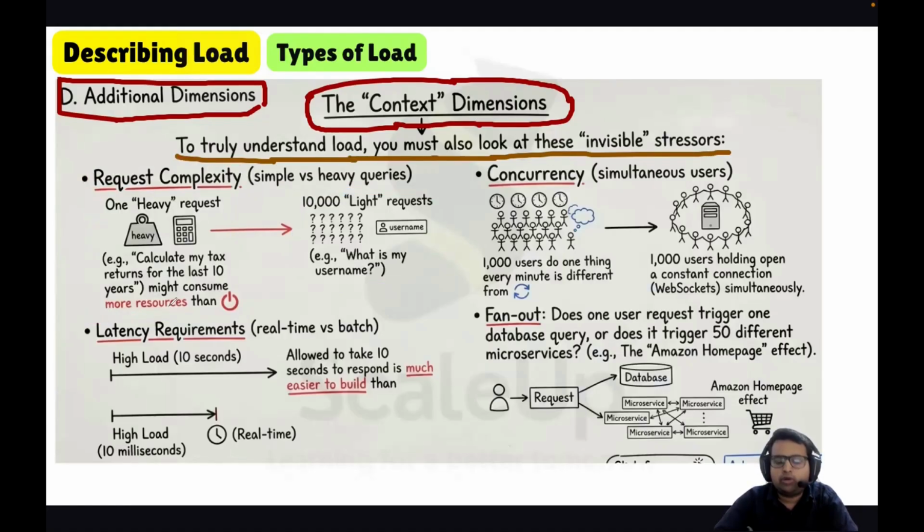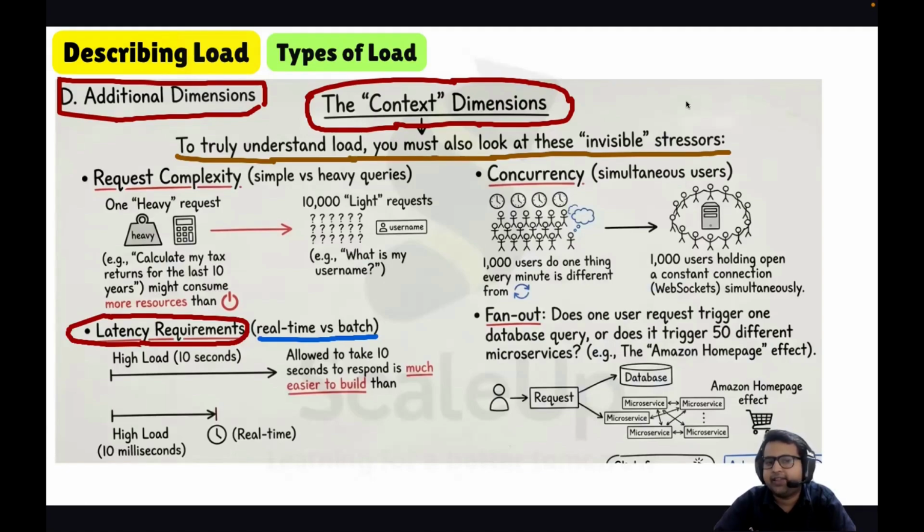You can describe load in terms of latency requirements, like whether it's a real time request or a batch request. A high load system that is allowed to take 10 seconds to respond is much easier to build than a high load system that must respond in 10 milliseconds. The system we are designing can be a real time system, or it can bear a lag.